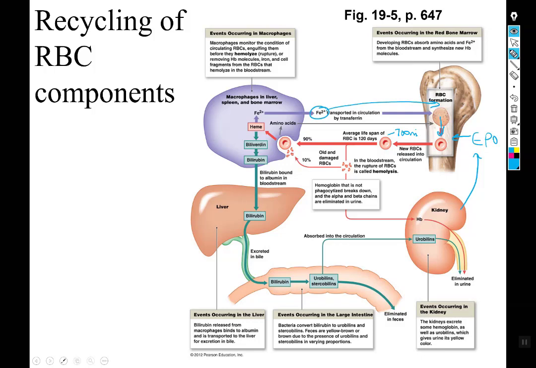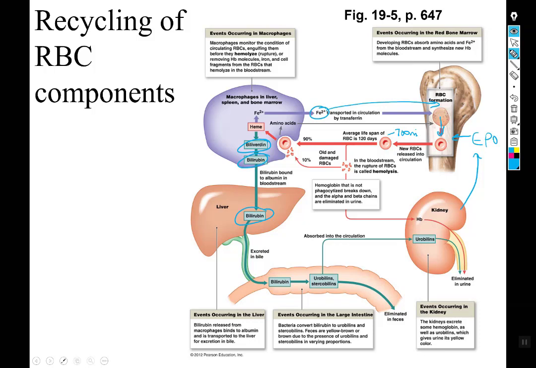That's how that works. The macrophage is going to convert green biliverdin into yellow bilirubin. Yellow bilirubin is added to the bile along with bile salts. Bile is a fluid that helps you emulsify fat.